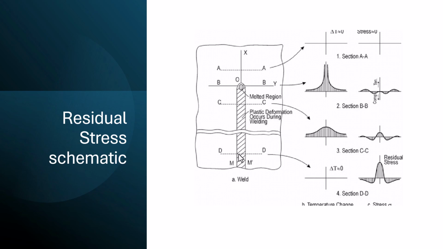And here in section D, where delta T is 0, it means the material has cooled down. The weld started from here and here is cooled down. We see high residual stresses in the material. So that's what happens inside a weld.